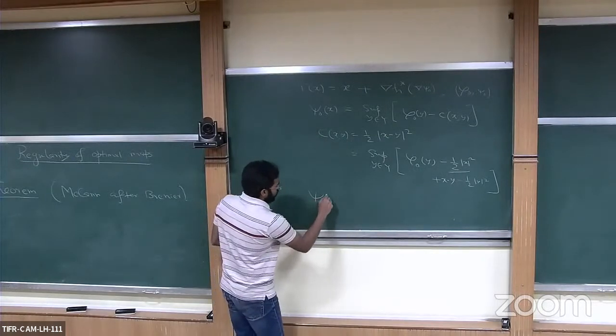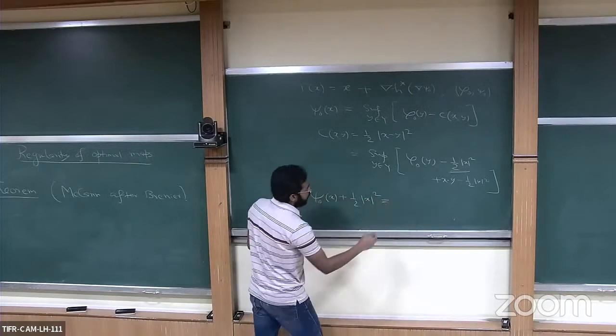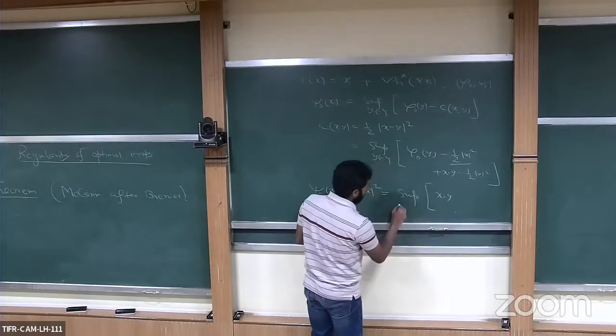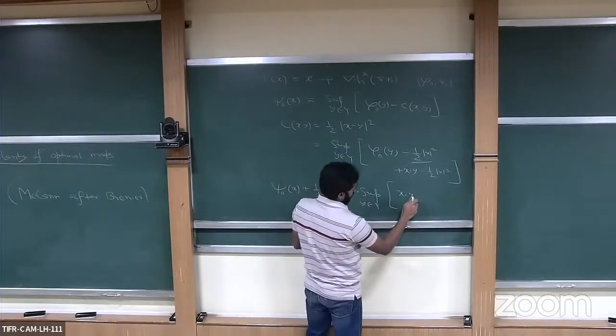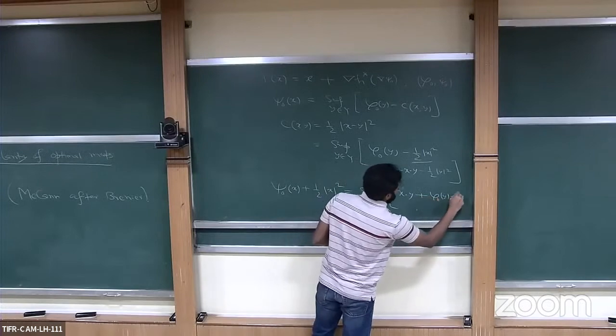So phi of x plus half x squared is equal to the supremum over y; let me rearrange a little bit: x dot y minus half y squared.